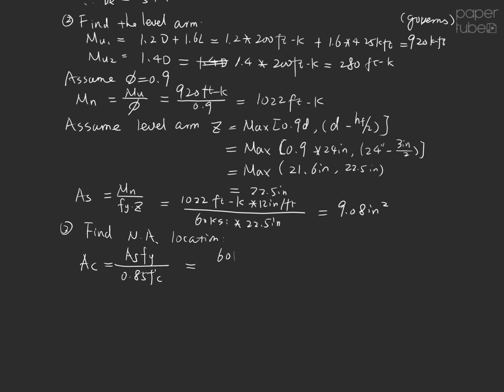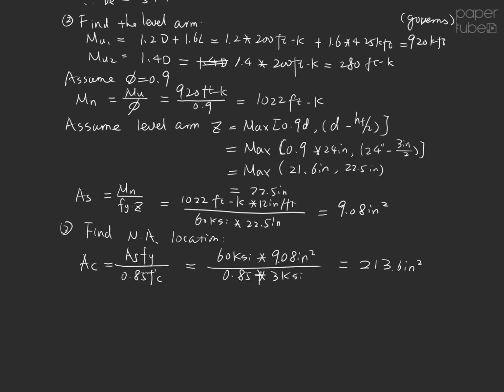That is 60 ksi times 9.08 inch squared divided by 0.85 times F prime C, which is 3 ksi. That will give you 213.6 inches squared. All right.